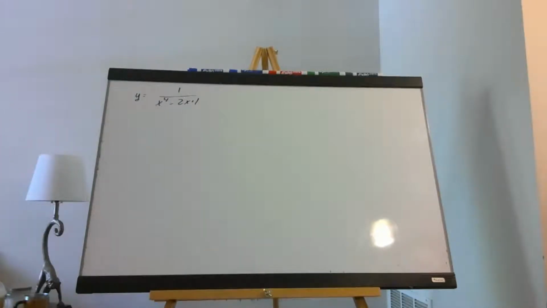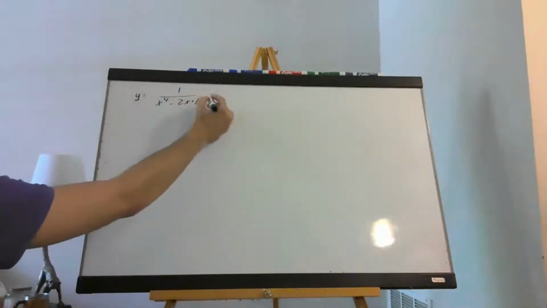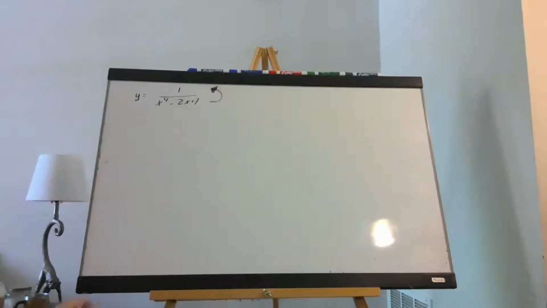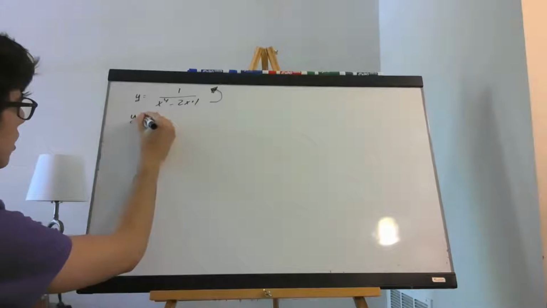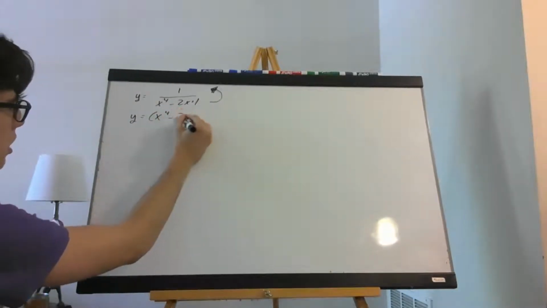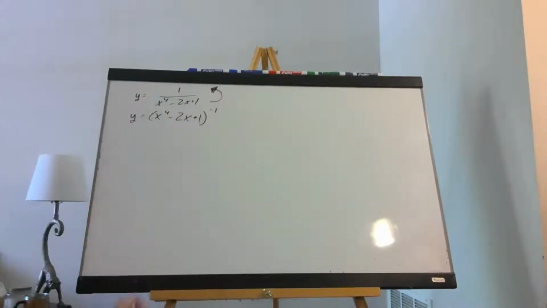So there's a few different ways you could solve this problem right here. My first bit of advice would probably be to start by moving all this to the top. And the way we do that is we can rewrite it like this, and just put it to the negative power, which is the same thing as writing the reciprocal function, right?